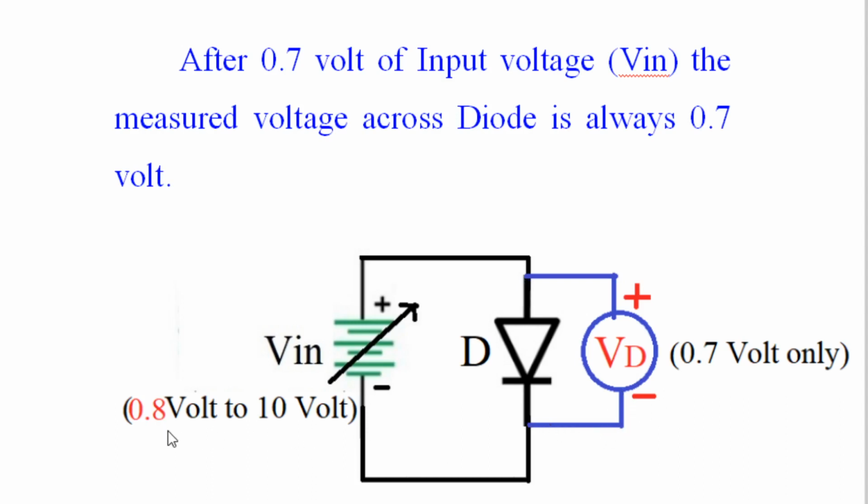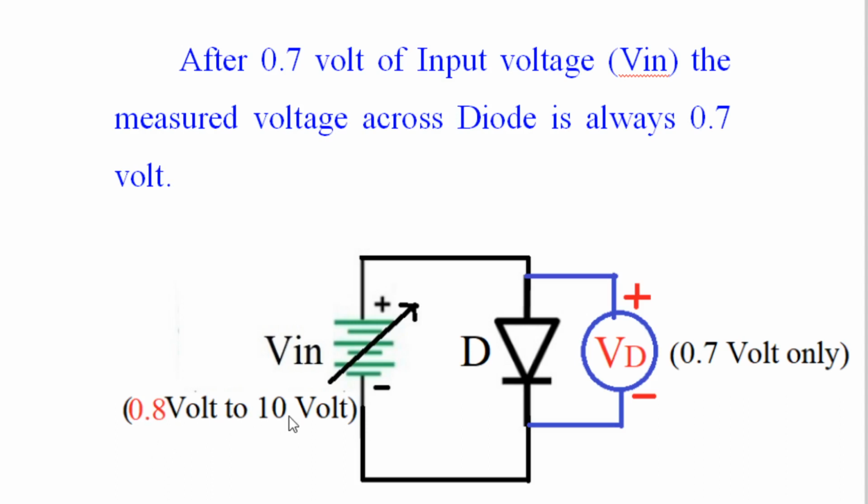Now see here, earlier the input voltage was 0.1 to 0.7, but now the input voltage is from 0.8 volt to 10 volt. This input voltage is greater than the barrier potential of the PN junction diode, because the barrier potential is 0.7 volt and the applied voltage is greater than 0.7 volt.